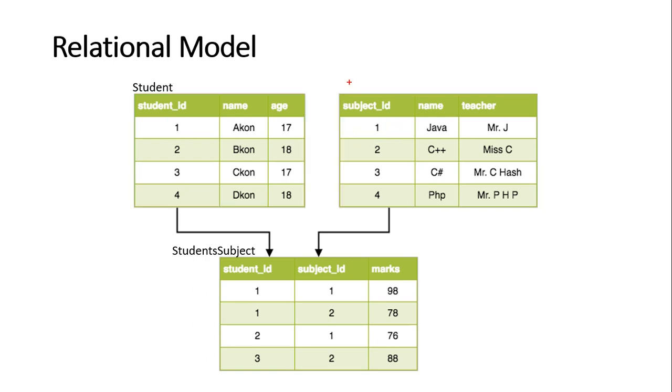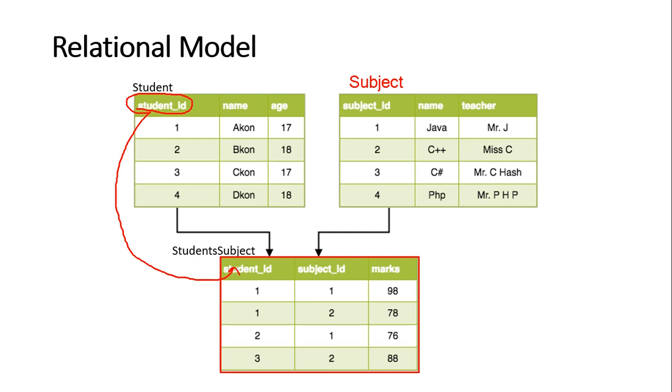To do that, I'll just put that subject. So to connect the student relation with the subject relation, I create one more table or one more relation that gets the field, which is nothing but an attribute, of the students table as well as the attribute of the subject table. Apart from that, it can have some other details. Now what is happening here?